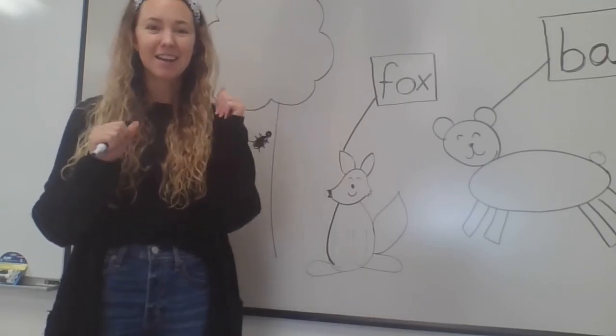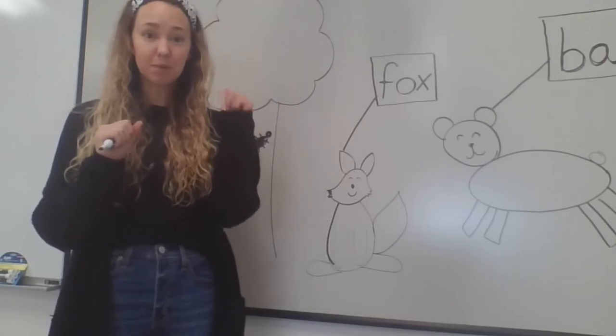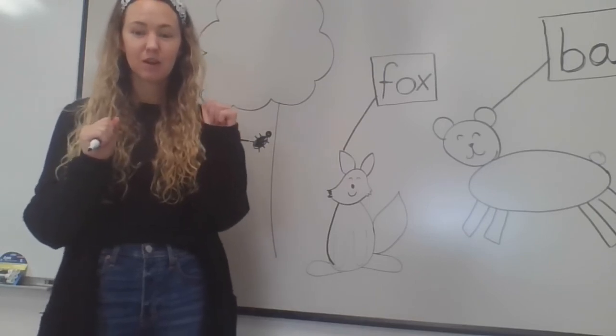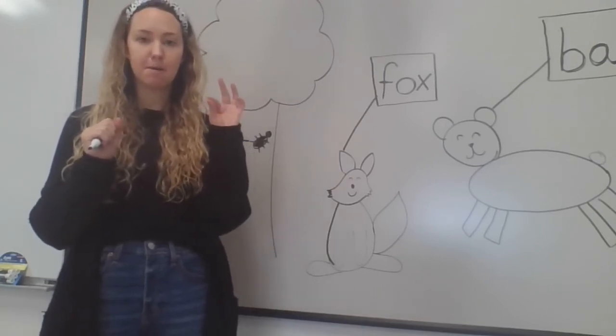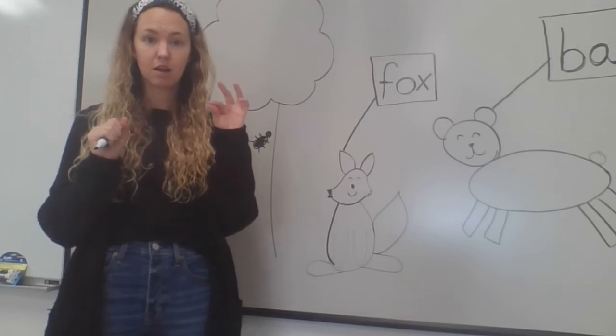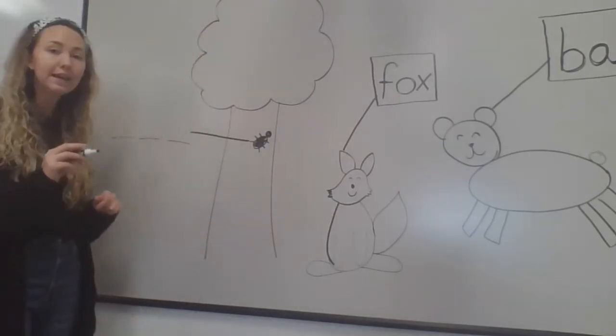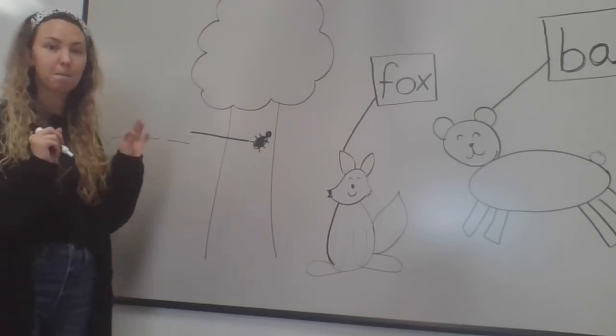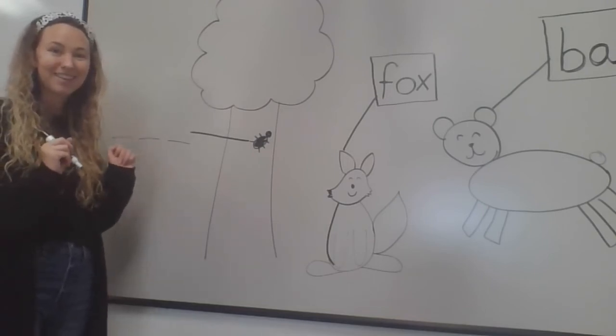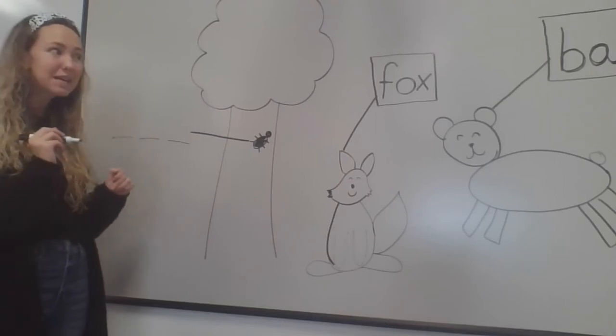Bug. Now, let's take those sounds and put them into letters on our board. Okay, what was the first sound we heard in bug? You're right, it was b. So what letter should I write to show the sound b? Yes, good job. We're gonna write letter B again.